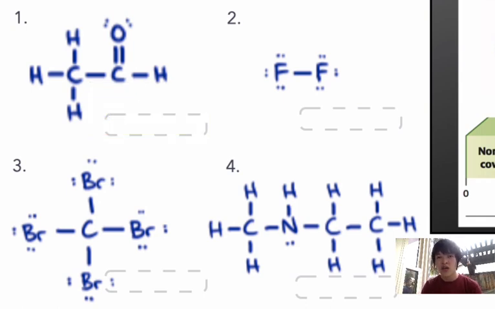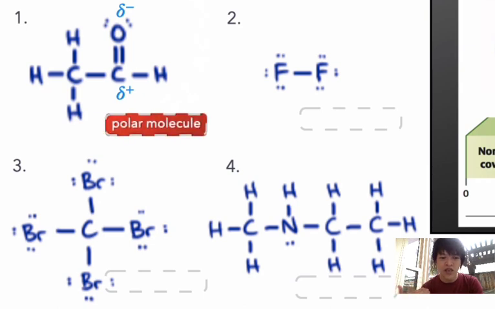So that means we draw a dipole moment arrow for the carbon-oxygen bond, and it points towards the oxygen since oxygen is more electronegative. This also means that there is a partial negative charge on the oxygen and a partial positive charge on the carbon, which makes this molecule a polar molecule. Okay, it has partial charges on it.